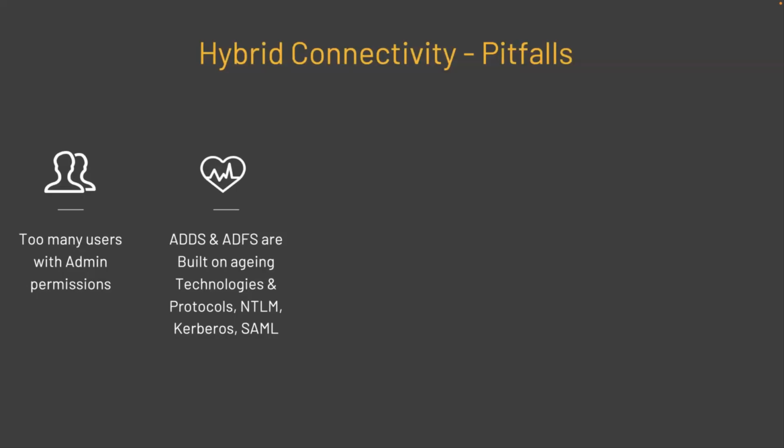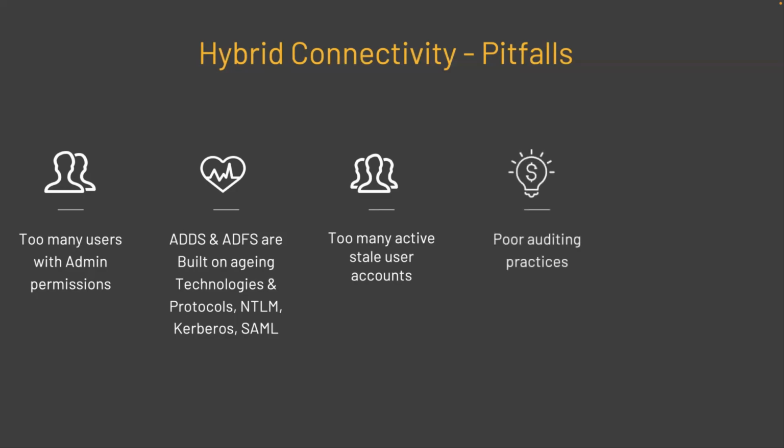They're using older protocols. So again, they potentially have vulnerabilities. Too many active stale accounts. So in many cases, when we were using Active Directory, we never bothered about deleting old accounts. We just left them in place. And also poor auditing practices as well.